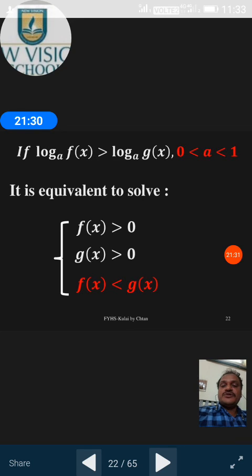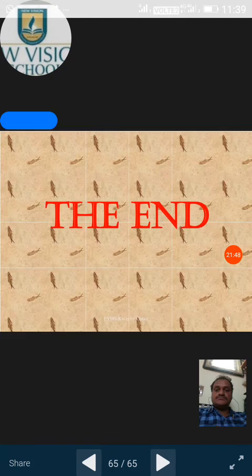It's a very important inequality to solve logarithmic inequality problems.